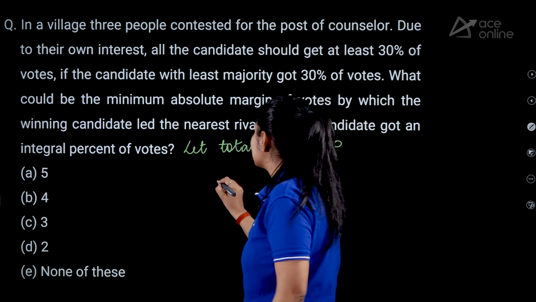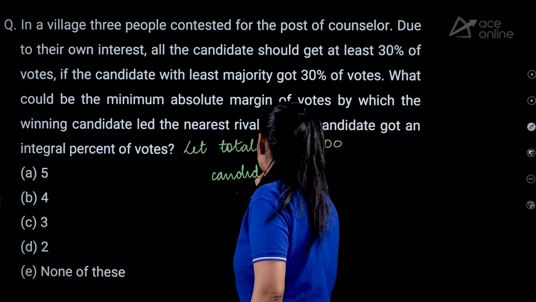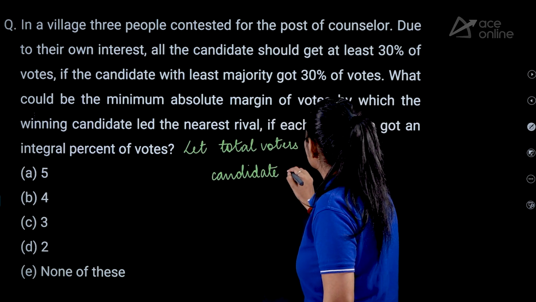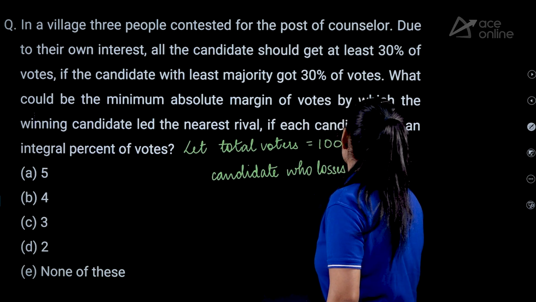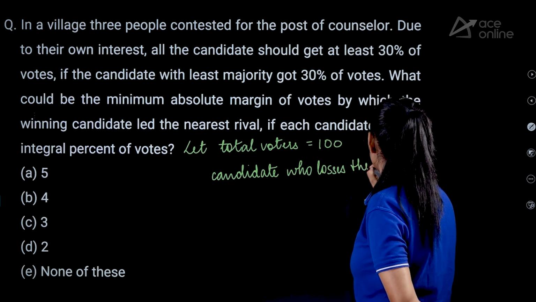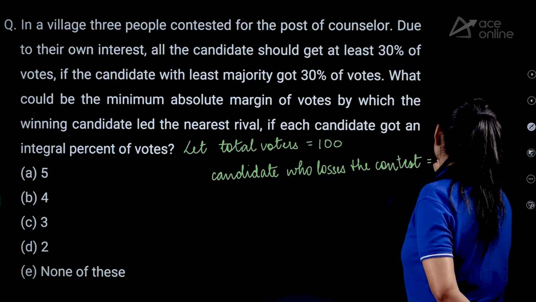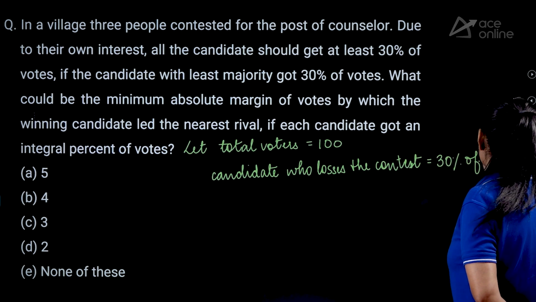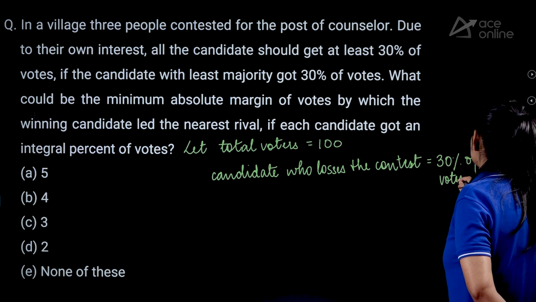So here we can say that the candidate who loses the contest is having 30% of the total votes.